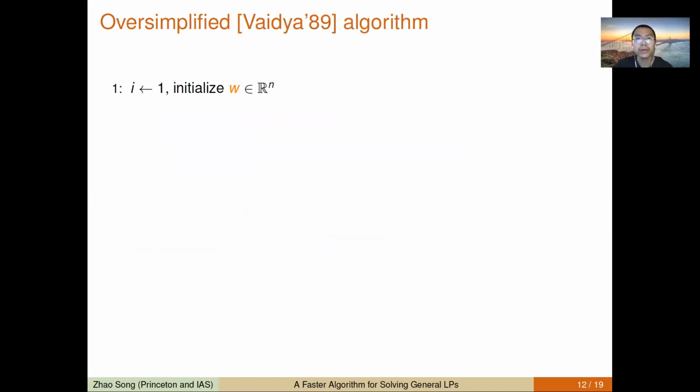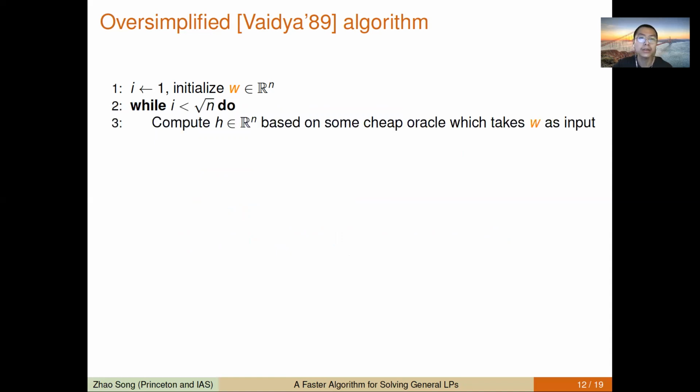Let me give you an overview of a very oversimplified version of Vaidya's algorithm from 30 years ago. Let i denote the counter and w is the weight we are trying to do gradient descent on. At the beginning, we need a while loop to check if we have already reached the √n iterations. Let's think of having some very cheap oracle which takes w as input and outputs h.